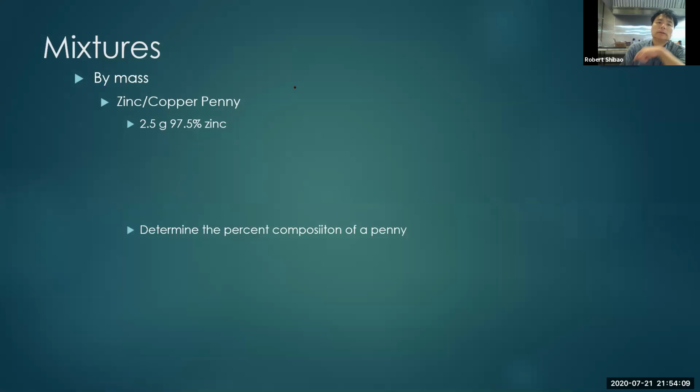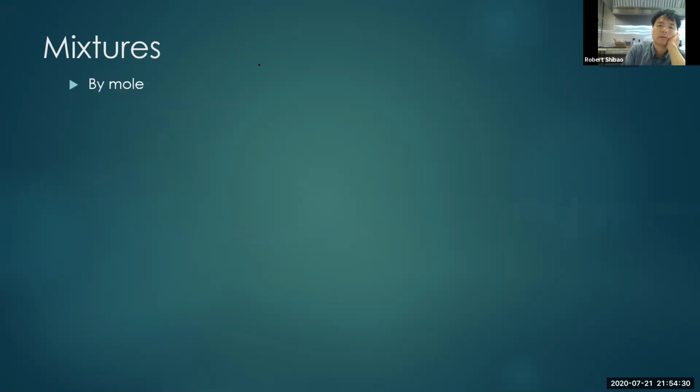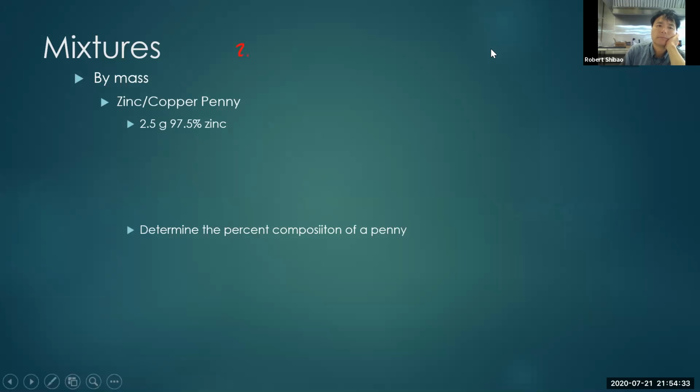Okay, so if I take 1 penny's worth of the zinc copper mixture, 2.5 grams, how many grams of hydrogen are going to be produced? So I'm going to have 2.5 grams a penny.